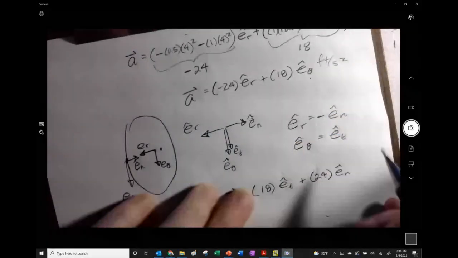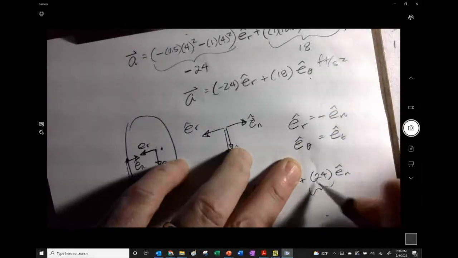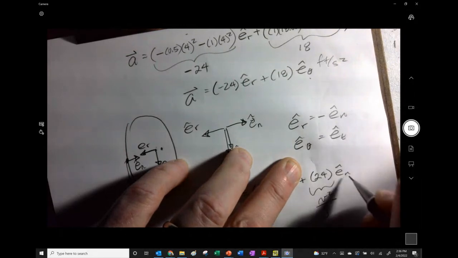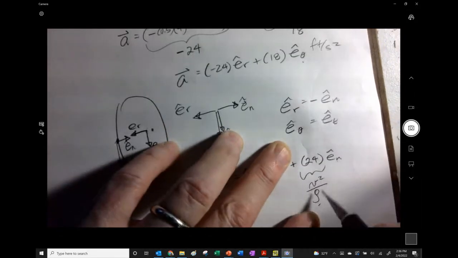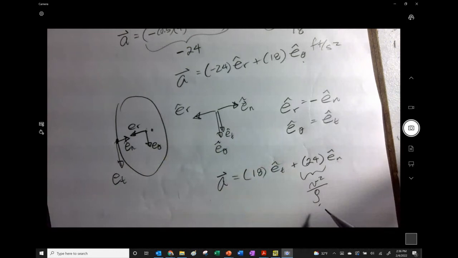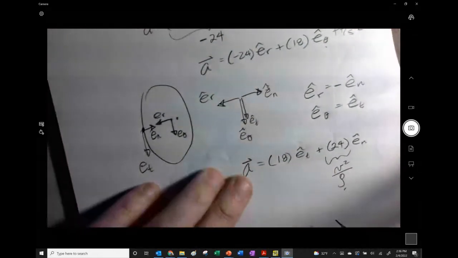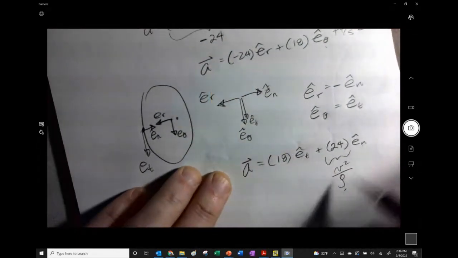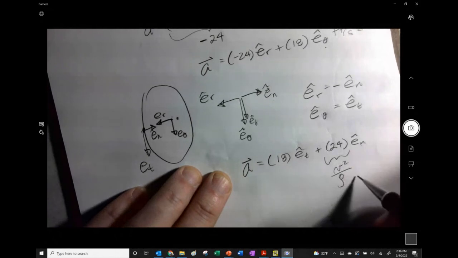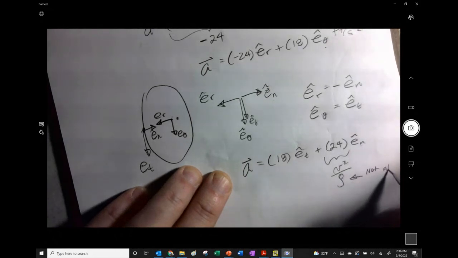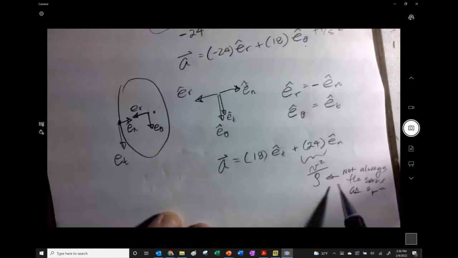So the last thing I want to point out is that from this, we also know that the normal acceleration is v squared over r, or the radius of curvature, which is not always the same thing as r.